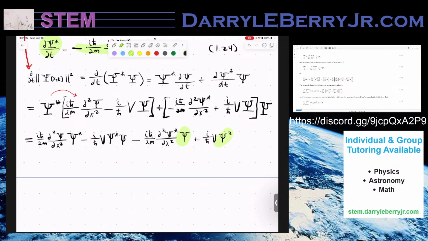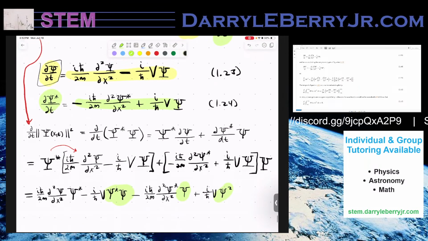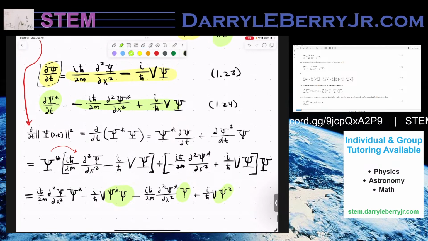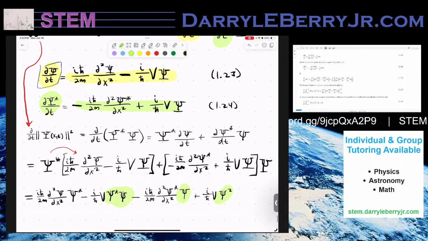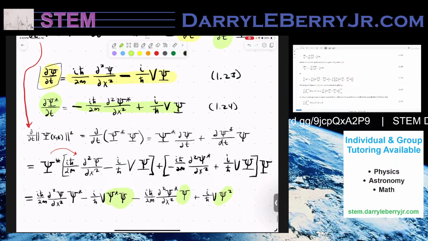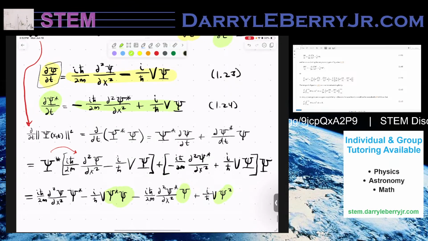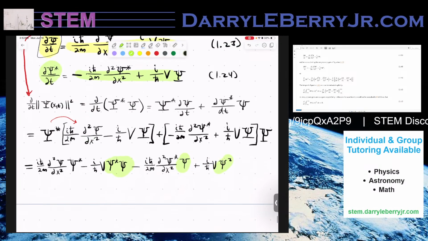So we have a complex conjugate and a regular. So let's see if I mixed something up here. So my partial psi over partial t is i over h bar 2m, second derivative psi over partial x squared, minus i over h bar potential psi. That seems right, the 1.23.